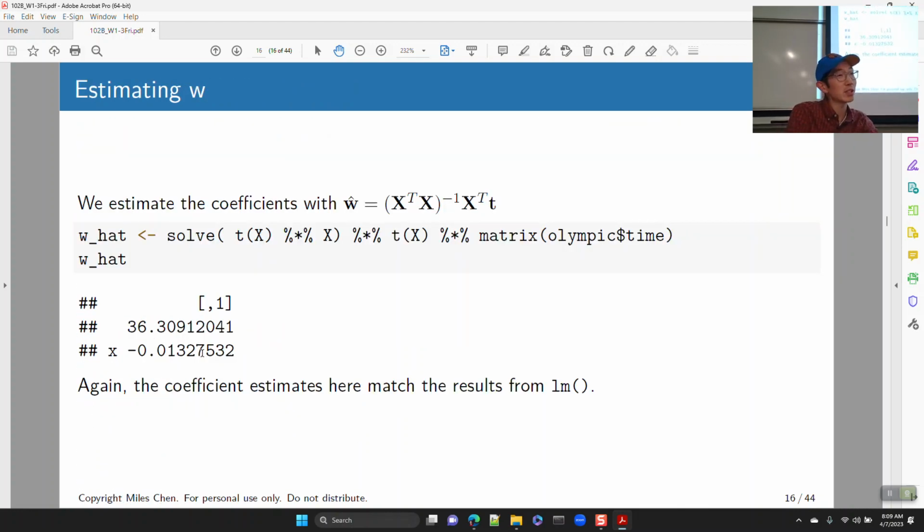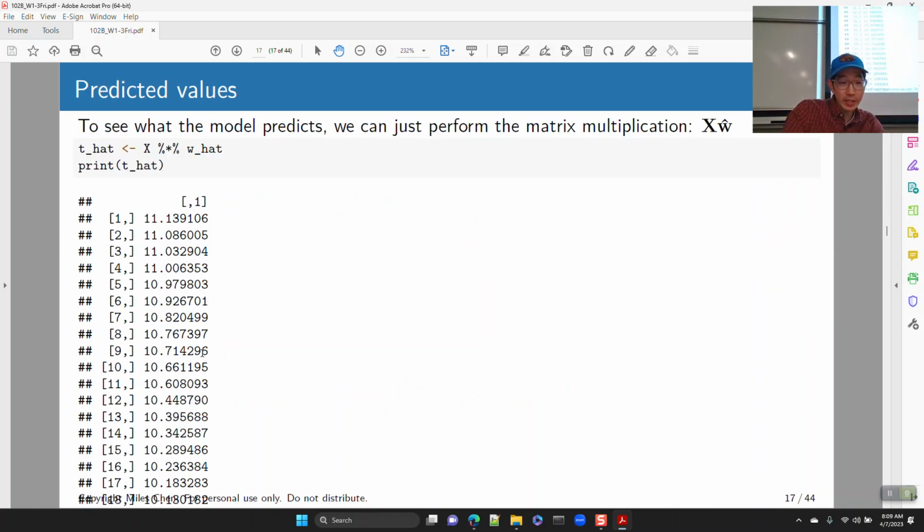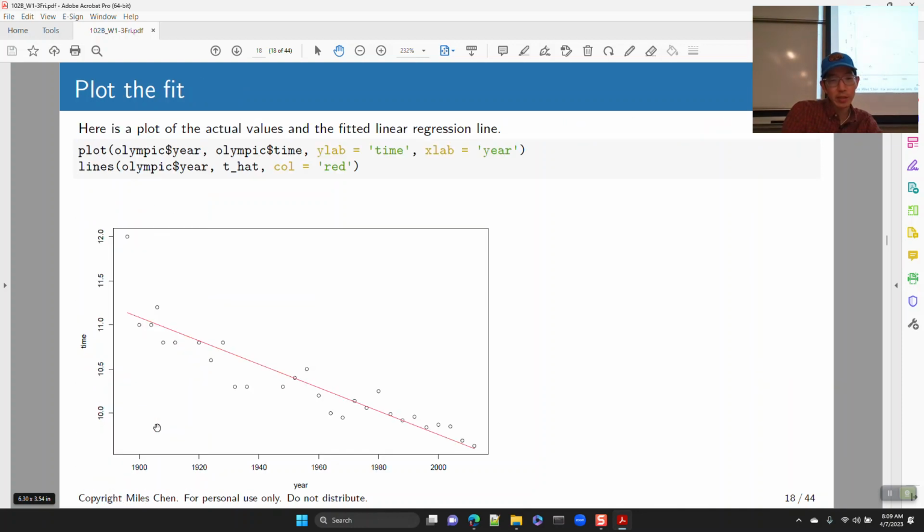So it's the exact same value. No surprise. All we're saying so far is that, yeah, that X transpose X inverse business works. And if I plug in our W hat and multiply it by our X matrix, these are my predicted values, and I can plot those, and this is the straight line. And we go, okay, that looks reasonable.